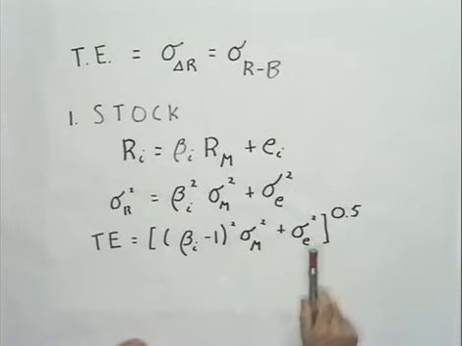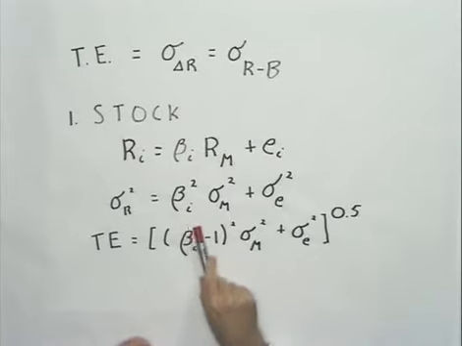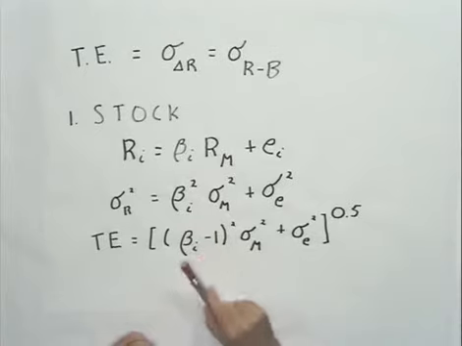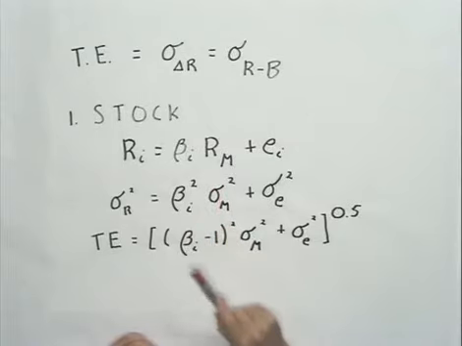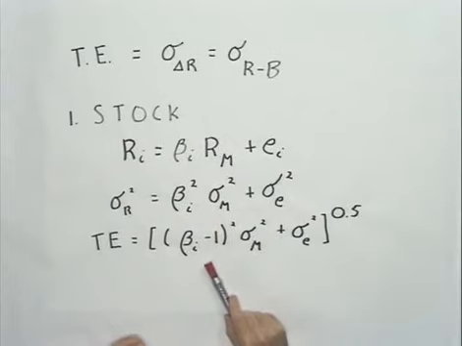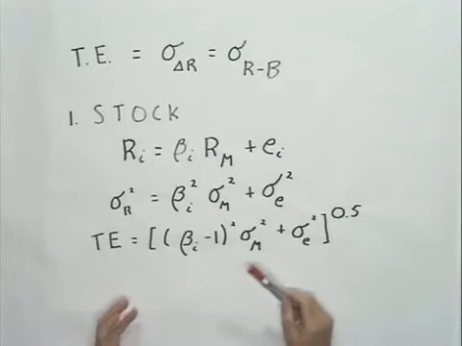So if you had the same beta as the market, if you had a beta of 1, then there would be no tracking error from the first term in the variance. But the portfolio may have a beta different than 1. It might be more risky than the market in the sense that it has a beta above 1, or it could be less risky than the market in the sense that it has a beta less than 1.